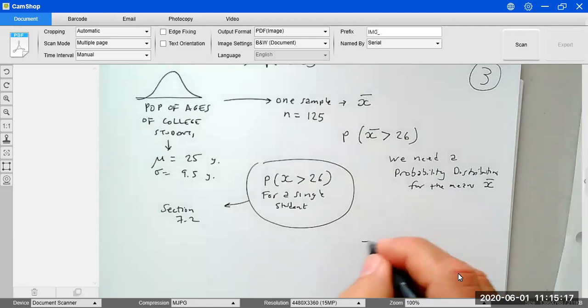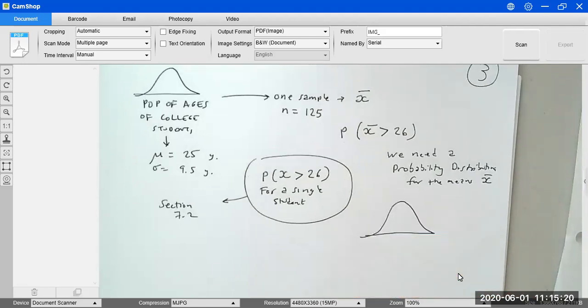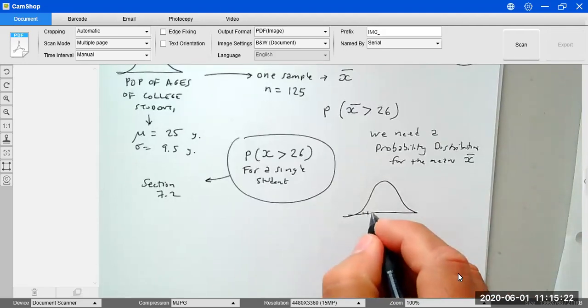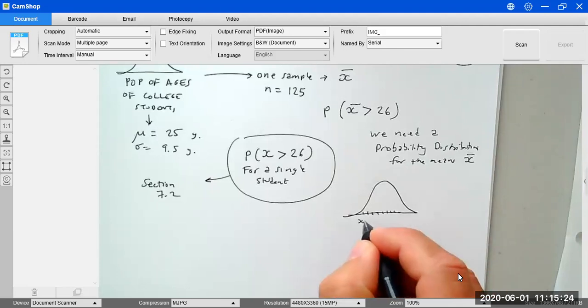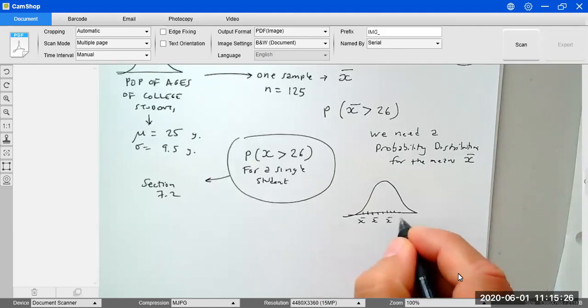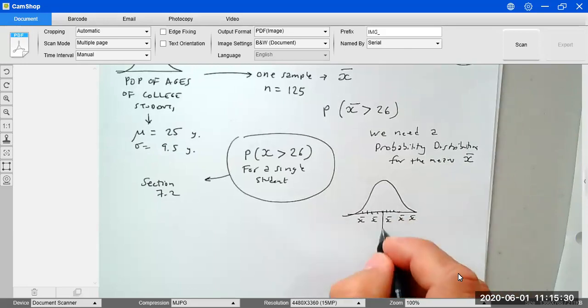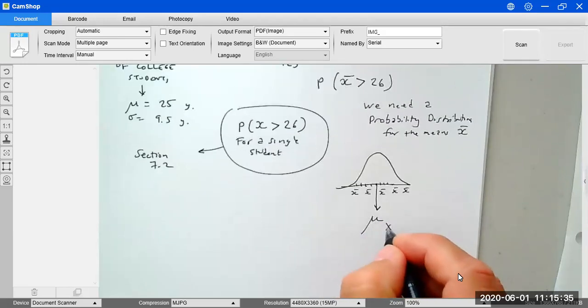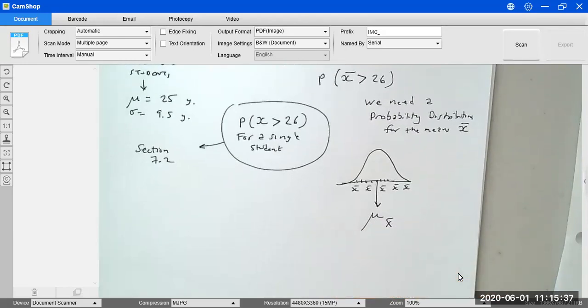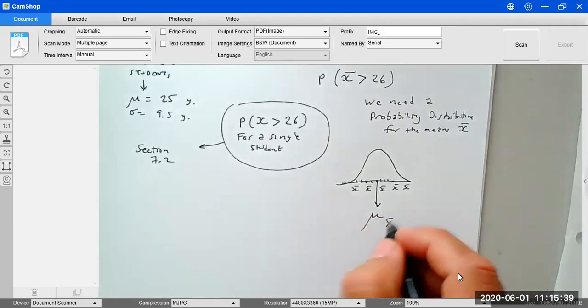So it's going to be a new probability distribution, and this probability distribution is just a lot of values of means, but this distribution has a mean too. It's the mean of the means. And what is the mean of the means?